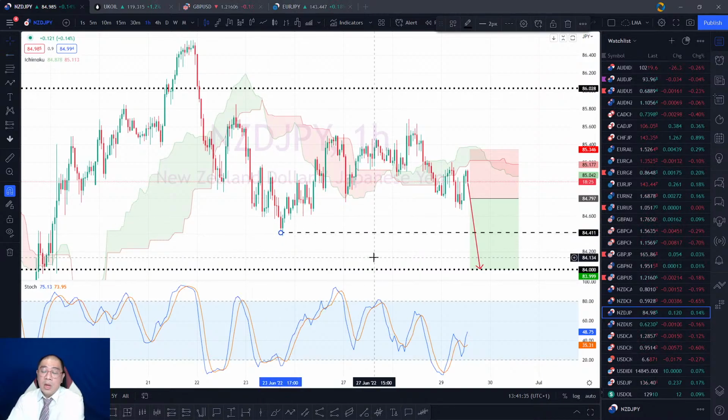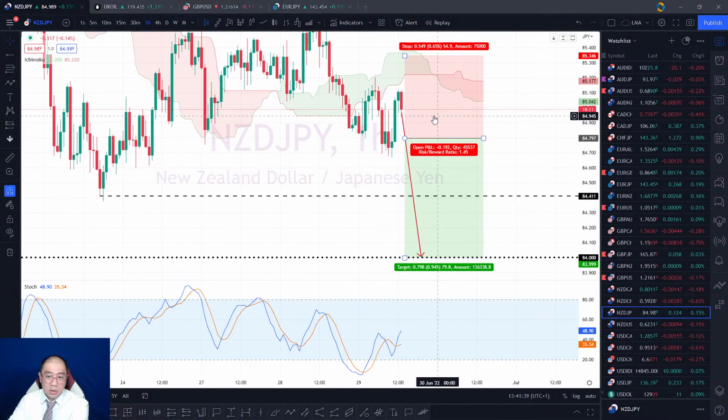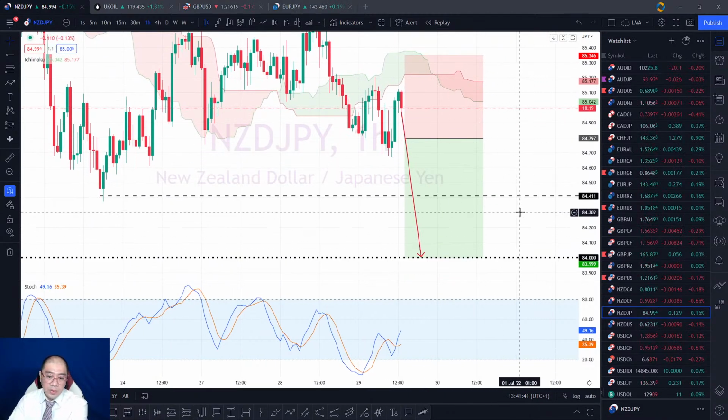Just right around there. Okay, so it might not go straight down to 84. It will take a lot of yen strength to actually pressure New Zealand yen that low towards 84. Intraday support, we're not even that far yet.